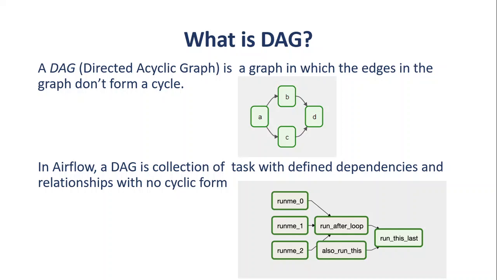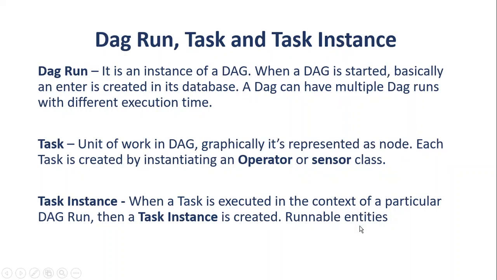We'll see in a bit what a DAG looks like, but basically it's a Python file we write in a way where we define our tasks and the dependencies of tasks, and in a graphical view they look like the second image.